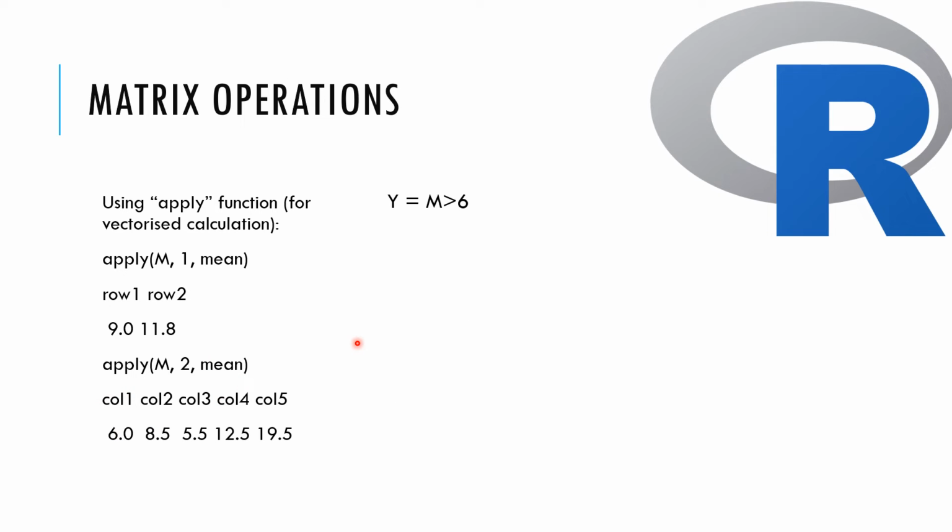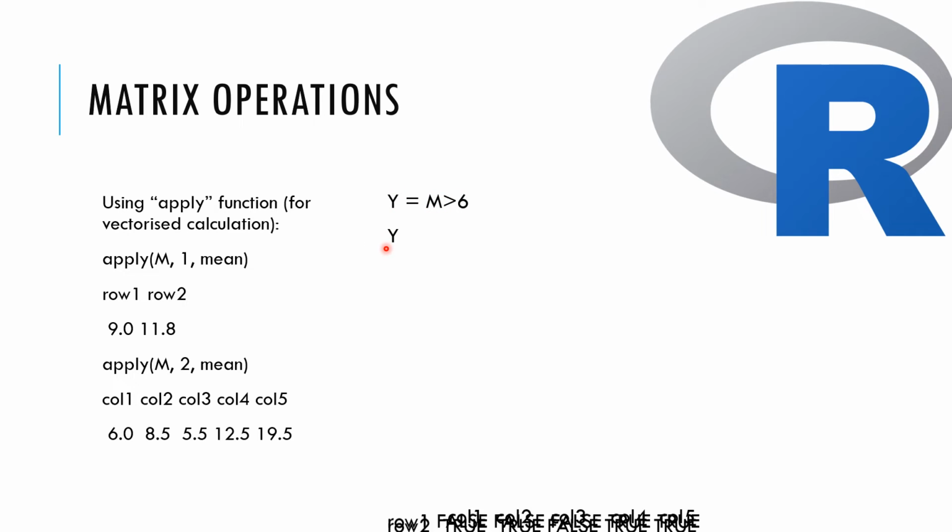Now suppose you want to know the indices of all the values in the matrix which are more than 6. So you use this method. You write the name of the matrix greater than 6, and assign it to y.